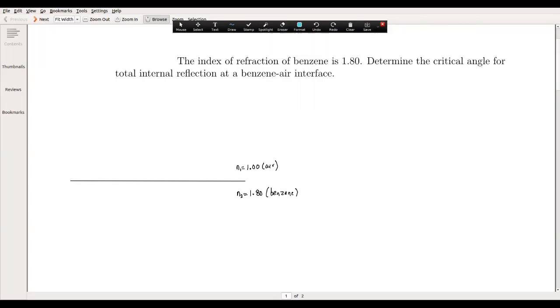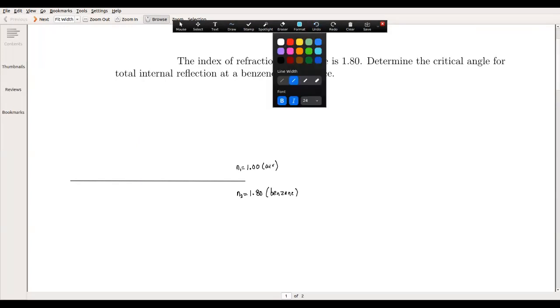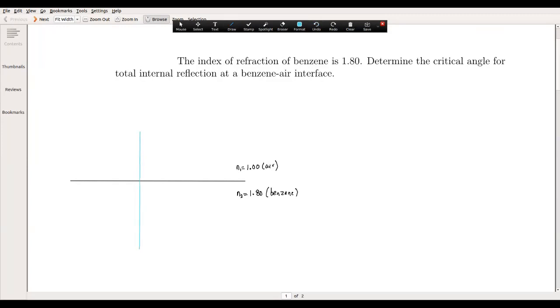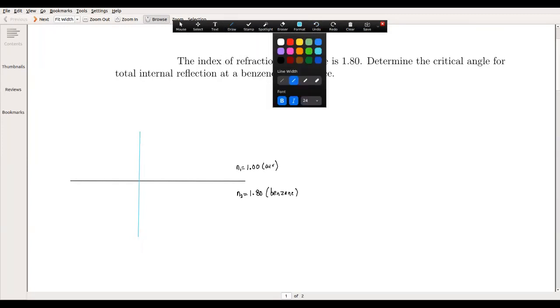Let's have a reference line which represents our normal ray. So that's our straight line perpendicular to the interface, and that will be our normal line. Let's have some blue lines.